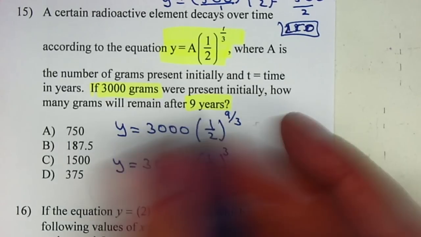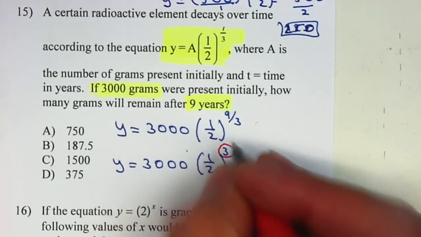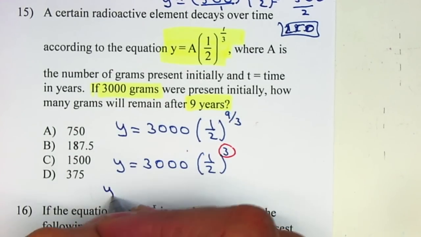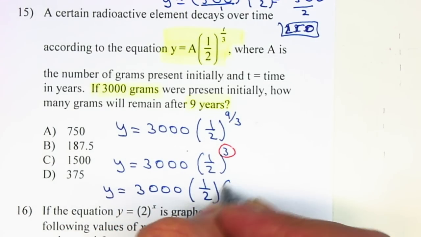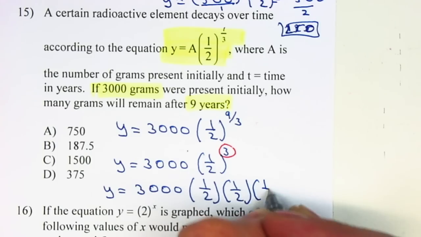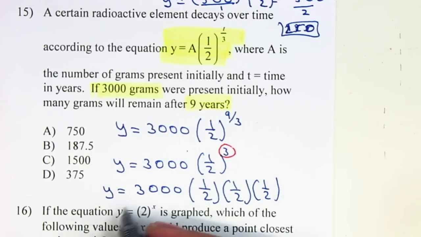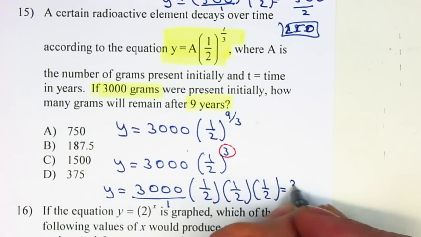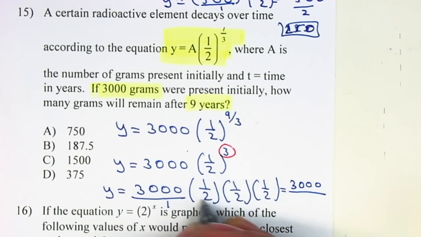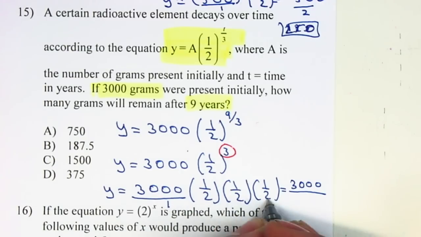Now we're going to expand it 3 times. So Y is equal to 3,000, and I'm going to rewrite it once, twice, 3 times. I'm going to multiply across because this is a whole number, so I'm going to place it over 1. So 3,000 times 1 times 1 times 1 is 3,000. 2 times 1 times 2 times 2 times 2 will give me 8.